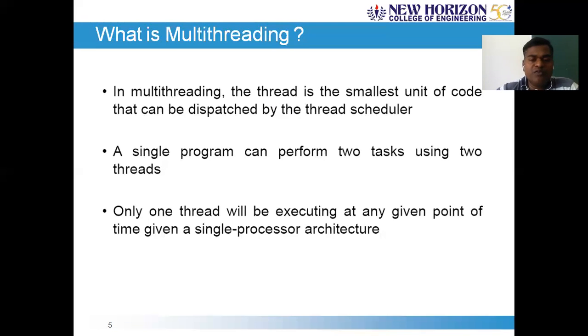A single program can perform two tasks using two threads. Then only one thread will be executing at a given point of time, given a single processor architecture.